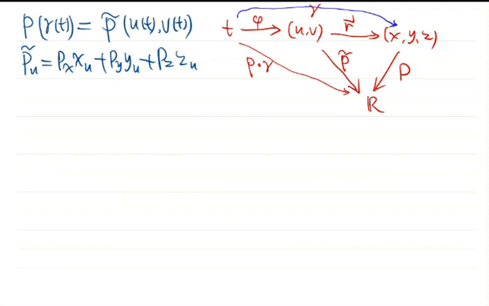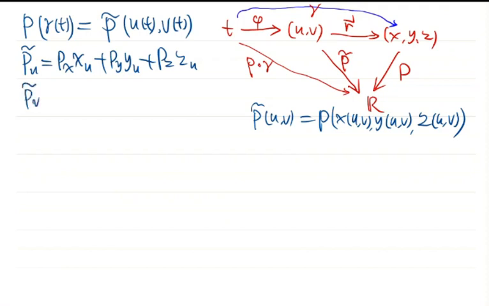Maybe I will write P tilde here: P tilde(U,V) is P(x(U,V), y(U,V), z(U,V)). So the derivative of P tilde with respect to U is given by the chain rule as this. Similarly, the derivative with respect to V is P_x x_V plus P_y y_V plus P_z z_V.